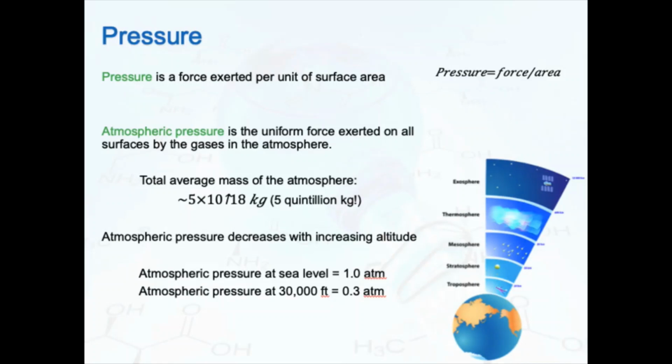We have other pressures related to gases, but mostly what we're going to be using is atmospheric pressure. So that's a uniform force exerted by all of the gases in the atmosphere on all of the surfaces below it. So the average mass of the atmosphere is 5 times 10 to the 18th kilograms, which is 5 quintillion kilograms. It's a lot. Kind of hard to envision.